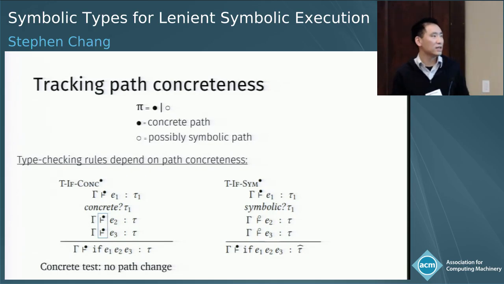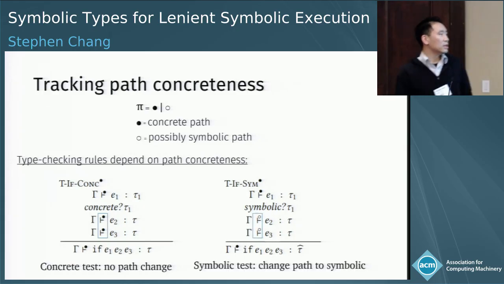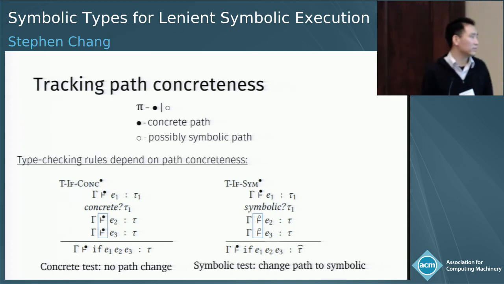But since the test of the if expression also has a concrete type, we can type check the branches of the if using the same concrete judgment with the black circle. But then on the right, since the test is symbolic, we have to change to using the symbolic path judgment denoted with the white circle.